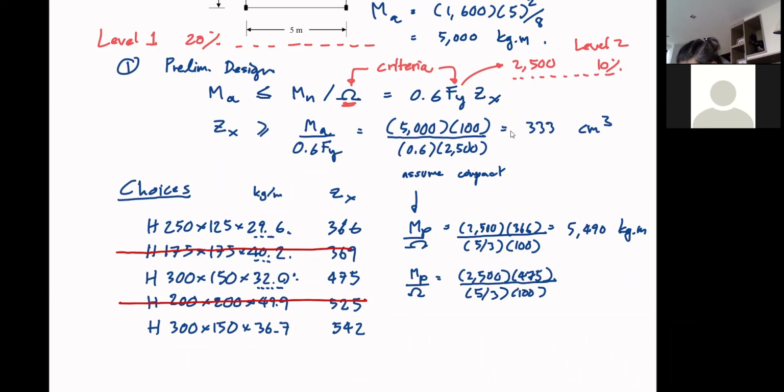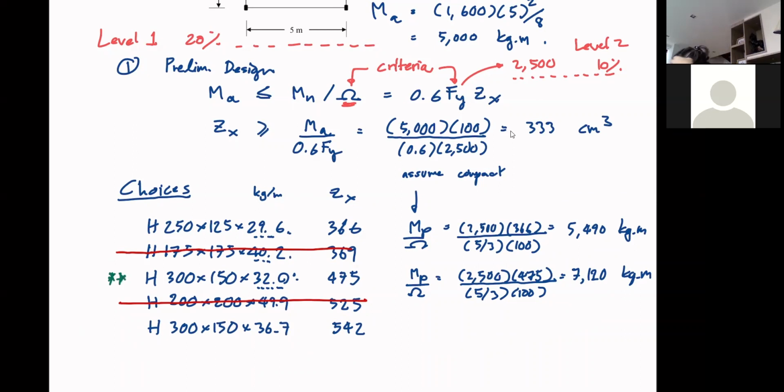So now I have 475. That is 7,000. Okay, let's use 3 significant figures. That's fine. So you see, wow, I have a lot more by increasing the weight just a tiny bit. So I say now I am very interested in this one.